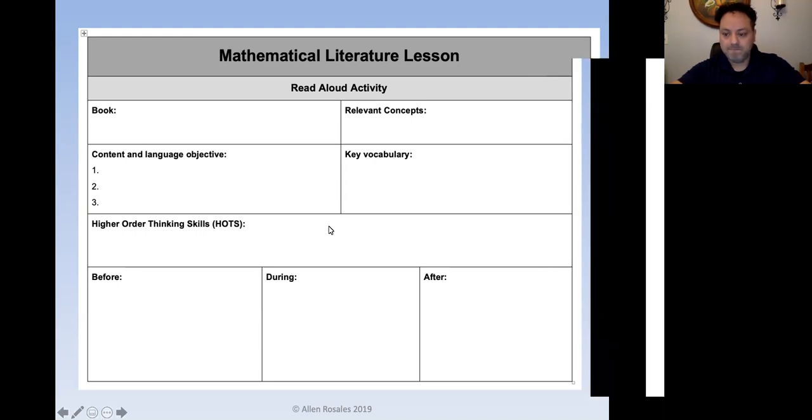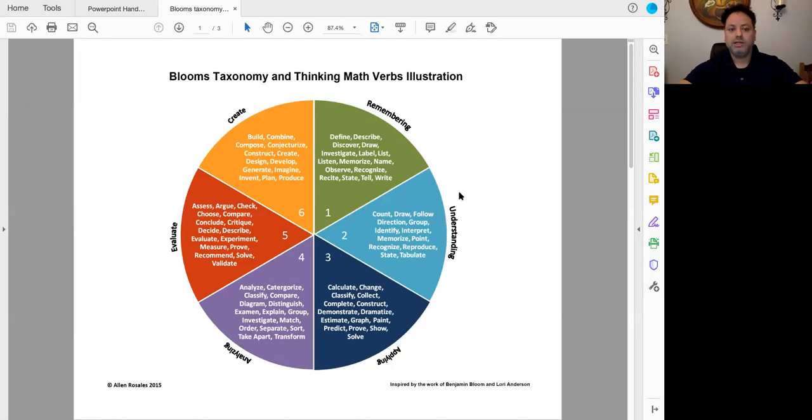There's a form that I shared with you all. Here, let me pull it up so you can see it. All right, so you all should have this Bloom's Taxonomy and Thinking Math Verbs illustration. So when you're writing objectives for your lesson plans, one of these thinking verbs should be embedded.